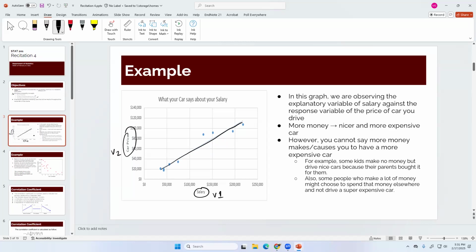And what you need for this is R, the correlation coefficient, to assess the linear relationship between the two variables. For this graph, it looks linear, right? There's a positive linear trend with an R value of probably around 0.7 or something.